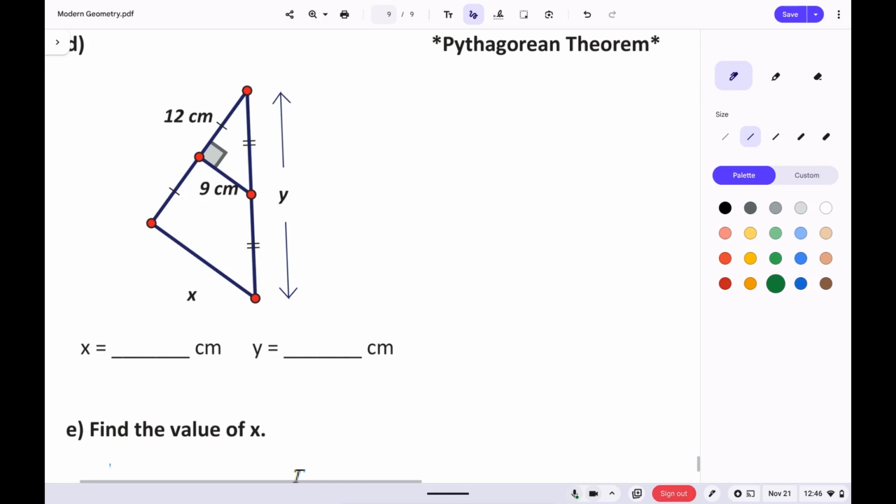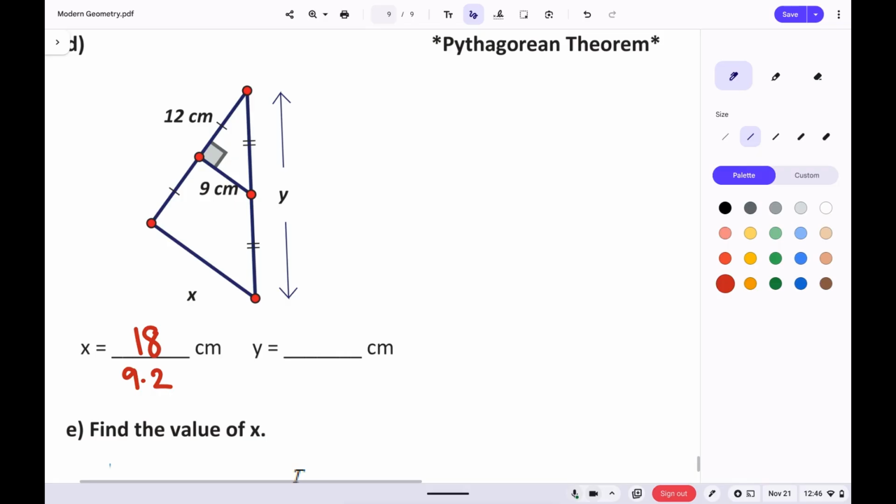How could we solve for x? Take 9 times 2? Because 9's a mid-segment, it's parallel to that x side, so that would be 18. Good? Okay, we still have y though here.